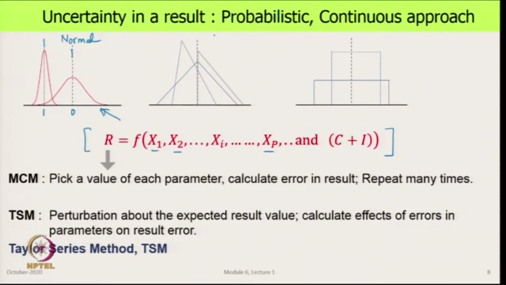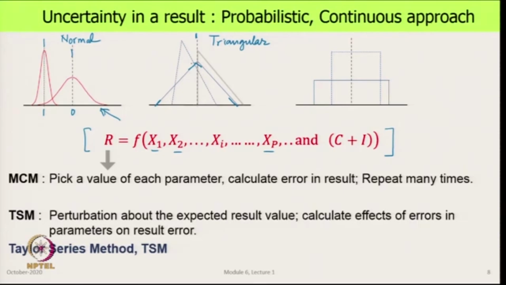The second depiction is of a triangular distribution function. The simplest one is that this is the mean value, and about that this one goes up there and comes down over there. This is symmetric, but that need not be the case.